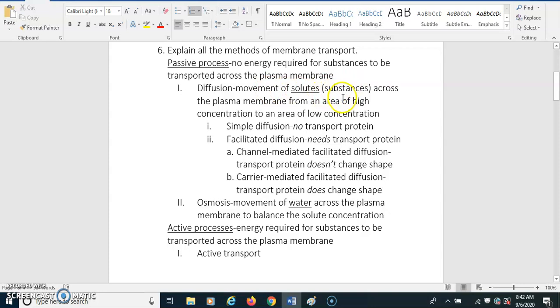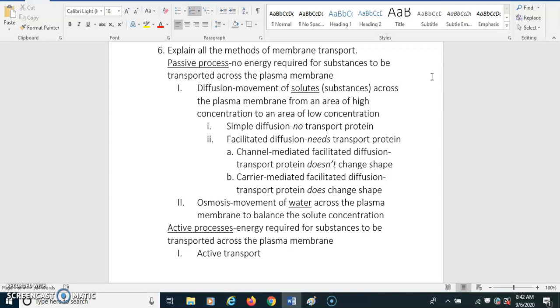And so I've been kind of using the word substances through the other videos, but we're going to start switching to using this term solutes, which means essentially the same thing. So when I say solute, what I'm talking about is the atoms, the ions, the various molecules that are in the body.